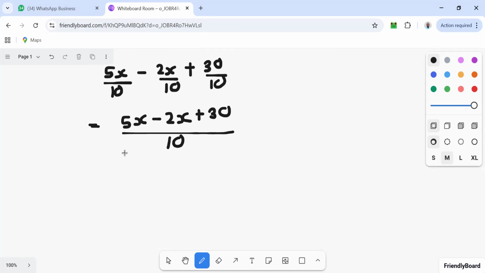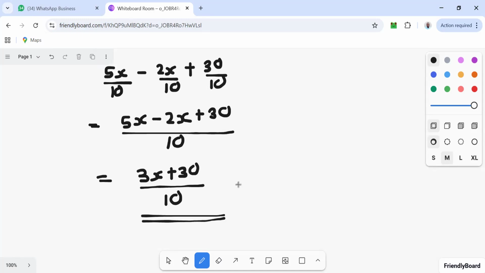So 5x minus 2x gives me 3x plus 30 over 10. All right, I am done. There's nothing else I can do here. So the answer will be 3x plus 30 over 10. All right, so I have simplified the expression.